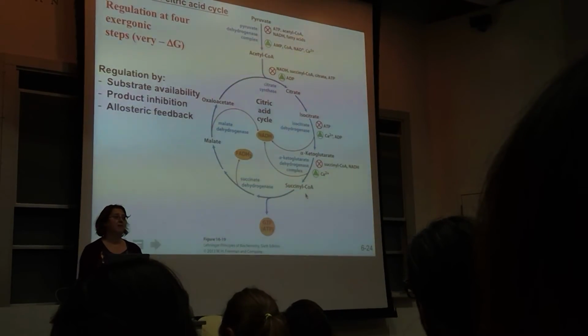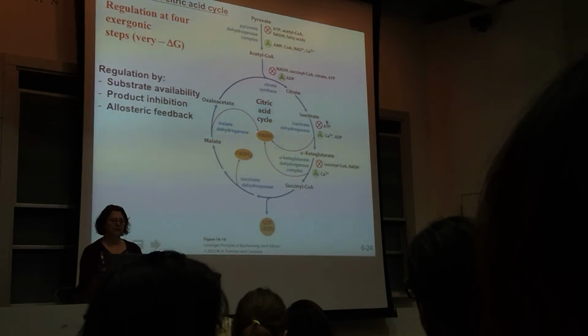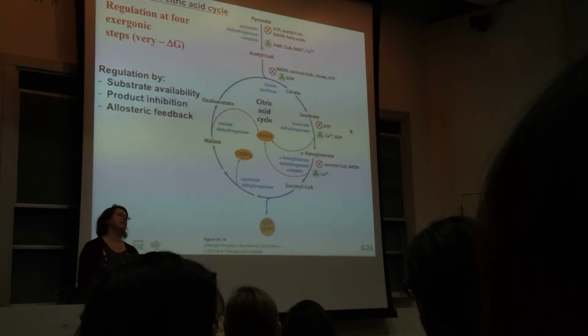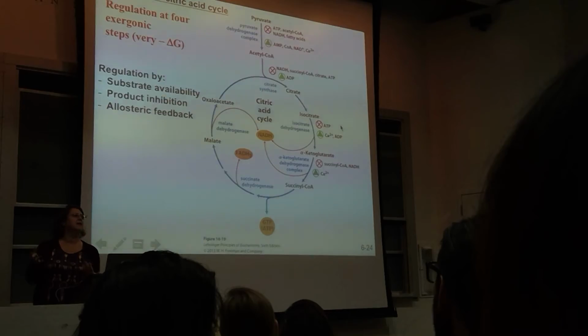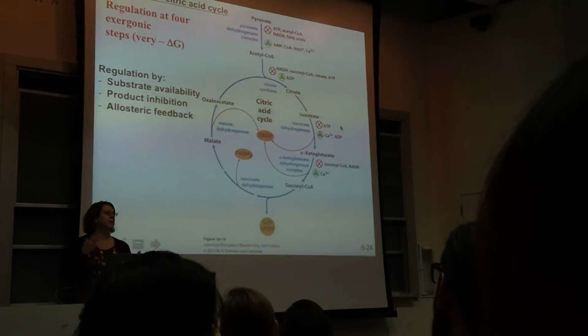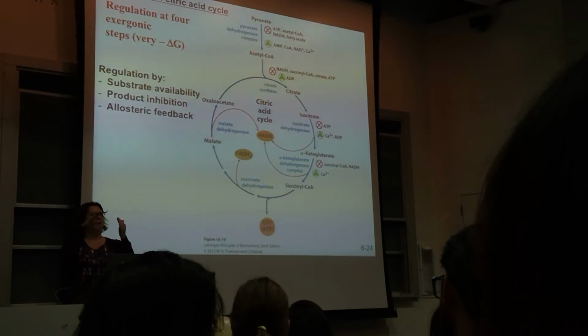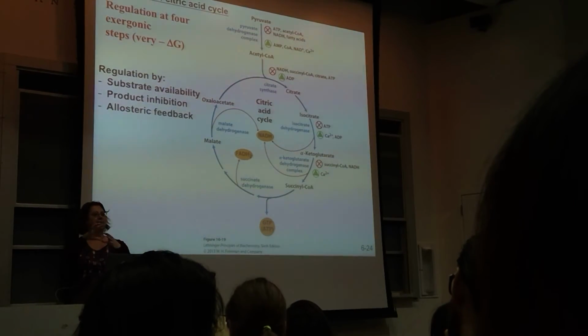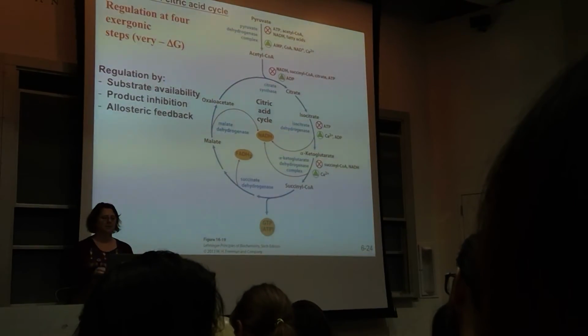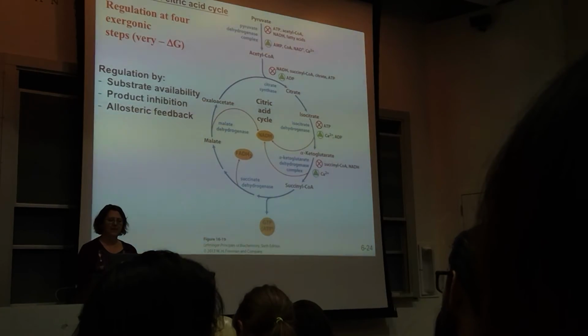So sometimes you'll have product inhibition by something that's further down. So it's not really product, it's feedback inhibition. When I use the word product, I'm usually talking about the product of that reaction, but you can also have something further down in the biochemical pathway that feeds back and regulates it. And then ADP can positively regulate this.